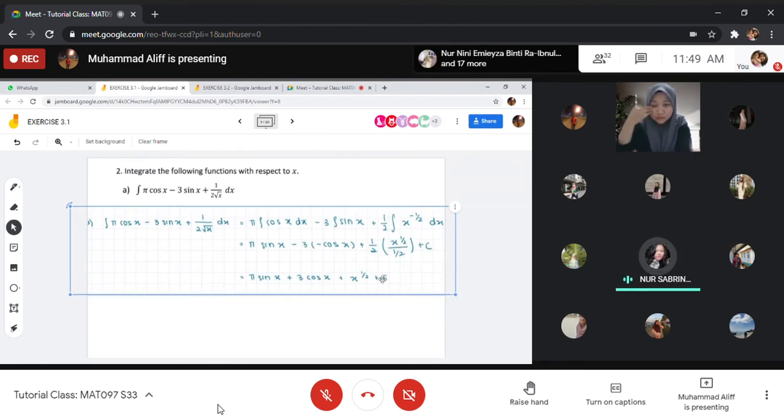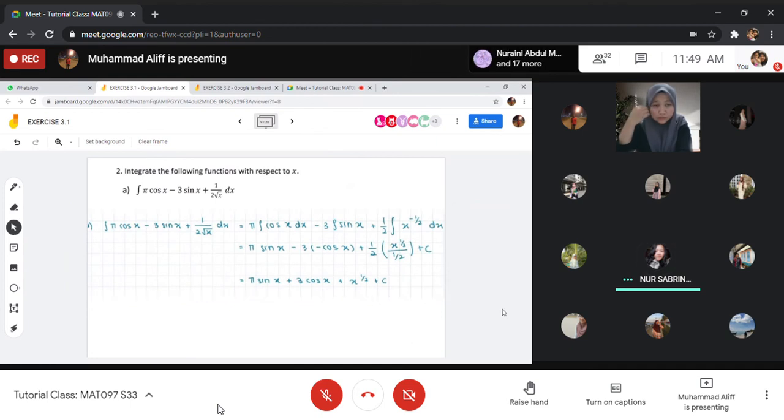Okay, untuk soalan ni dia nak kita integrate pi cos x tolak 3 sin x tambah 1/2 punca kuasa x dx. Jadi sebelum saya integrate, saya keluarkan nilai pi dia dengan 3 ni untuk senangkan integration saya. Lepas tu saya integrate cos x, saya akan dapat sin x.